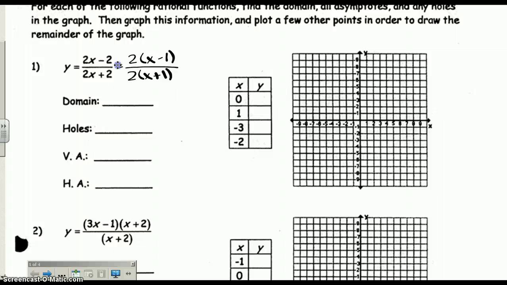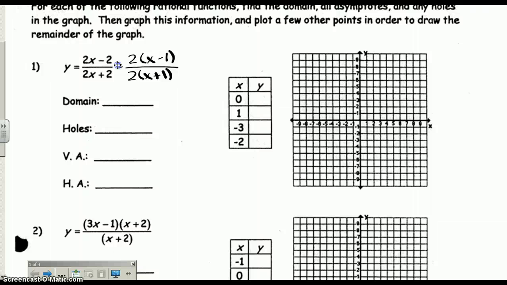Because remember, the difference between a vertical asymptote and a hole is that if it's factorable out, so let's say we could reduce the x plus 1 and an x plus 1, which we can't in this case. If we could, that would be considered a hole. But since nothing can be reduced, it's considered a vertical asymptote.